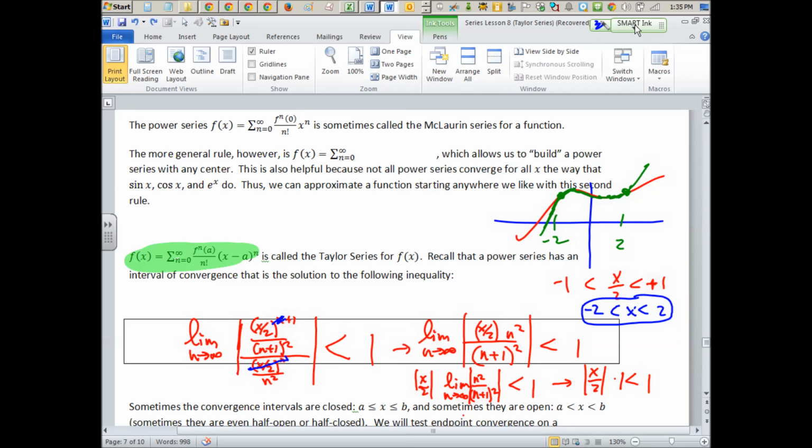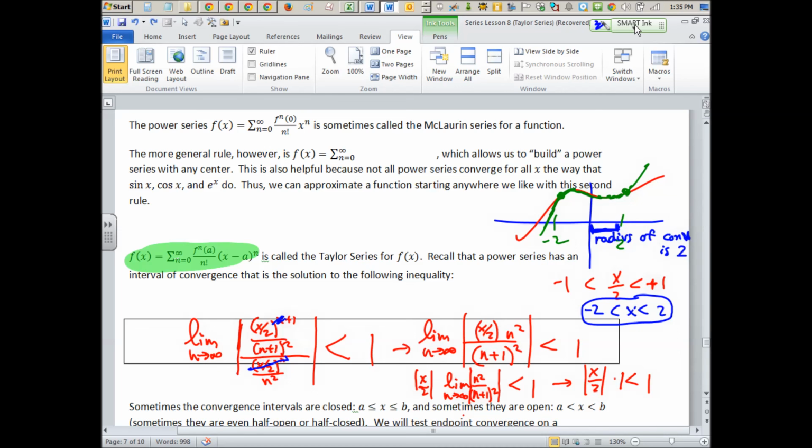If you look at half of that window, that's called the radius of convergence. So the radius of convergence is 2, or you could say the interval is negative 2 to 2.